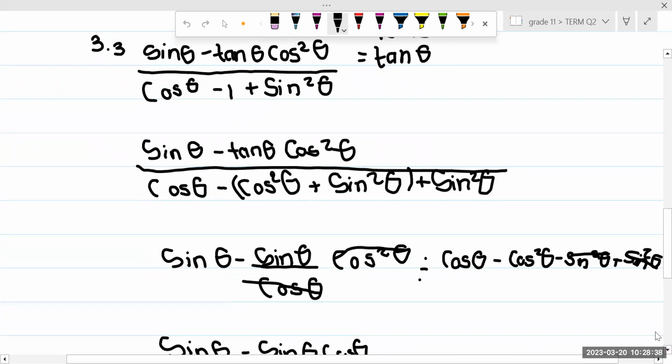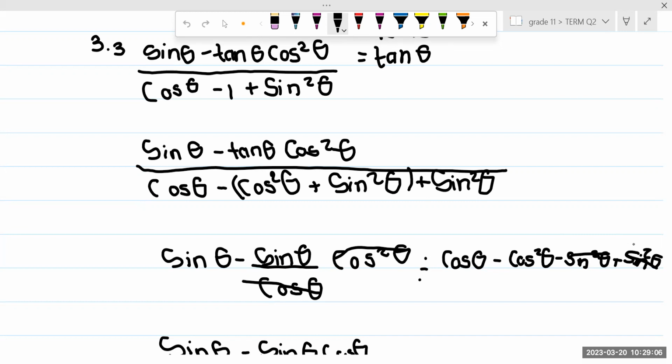And then from the denominator, I had one thing: sin theta minus 1 can be written as sin theta over cos multiplied by cos squared, which was divided by cos theta minus cos squared theta minus sin squared theta plus sin squared.